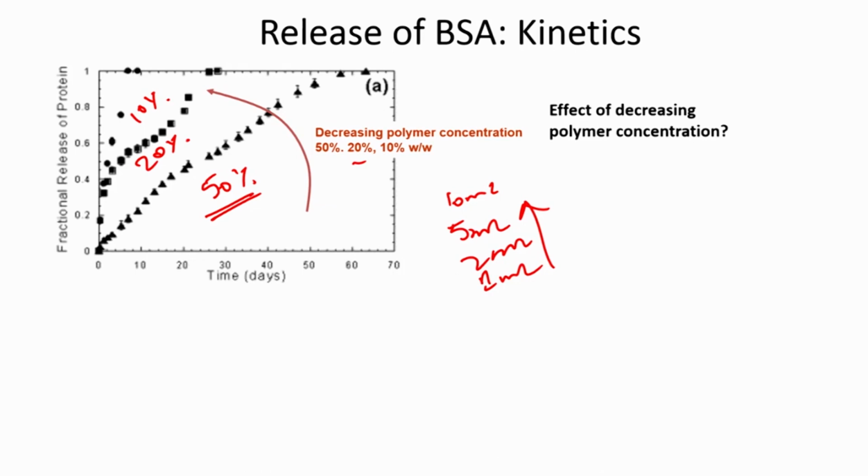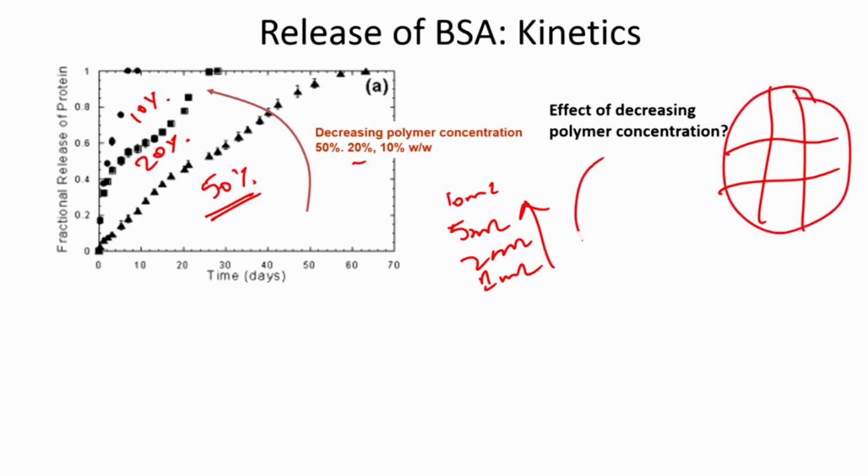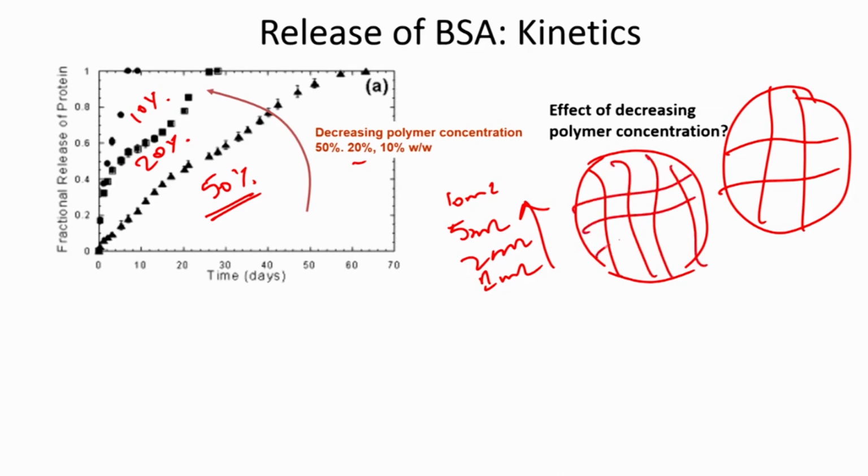So what will happen if there are more chains in a confined area? Let us say I have these chains, and if I increase the polymer density within this area, now instead of having 2 chains I will have 4 chains, 5 chains. So the pore size has decreased quite a bit.